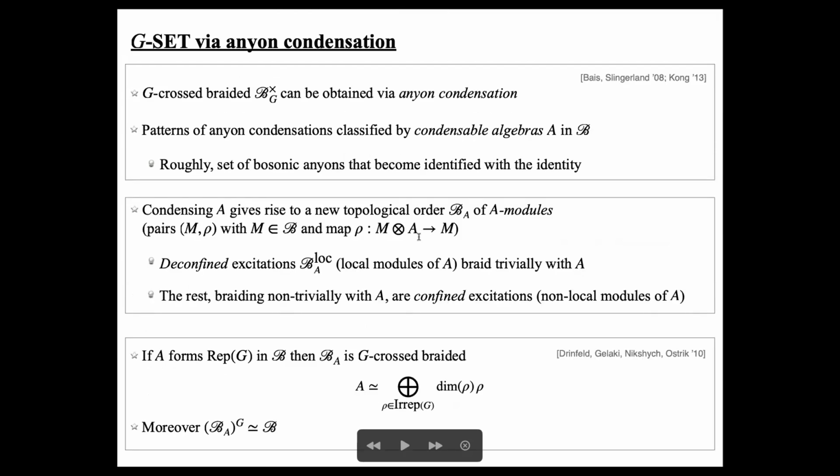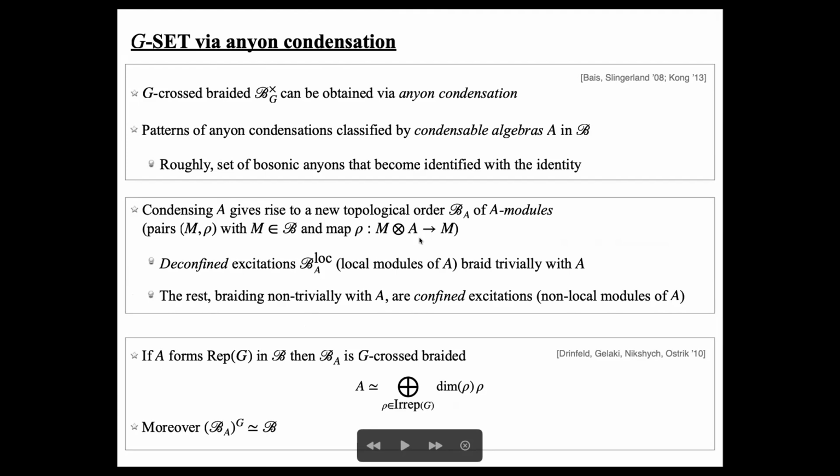One way to obtain these G-graded fusion categories is via anyon condensation. Patterns of anyon condensation are classified by a condensable algebra, which roughly means a set of anyons that are bosonic and that you identify with the identity.